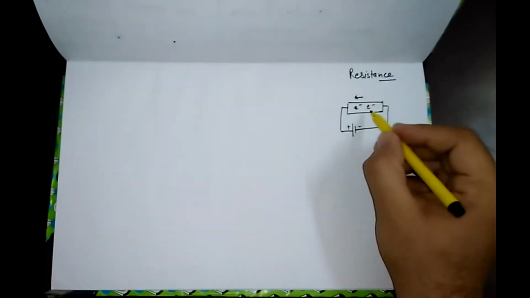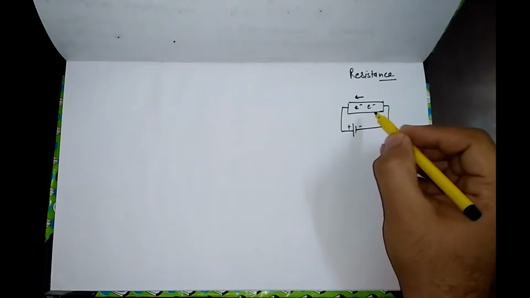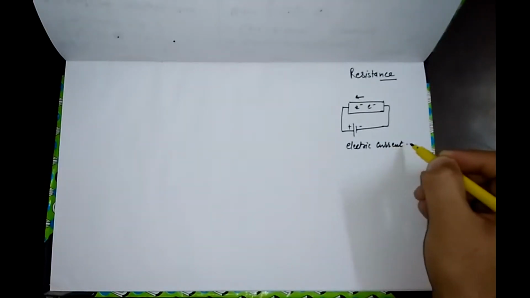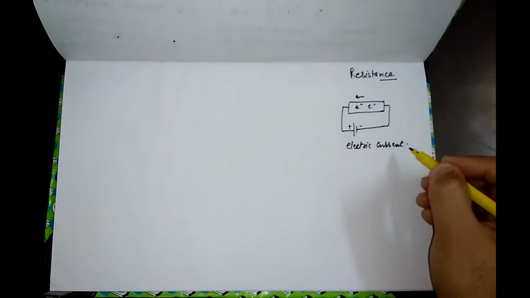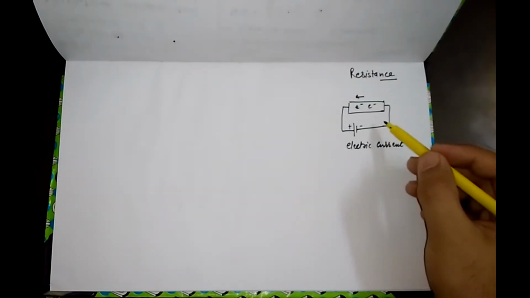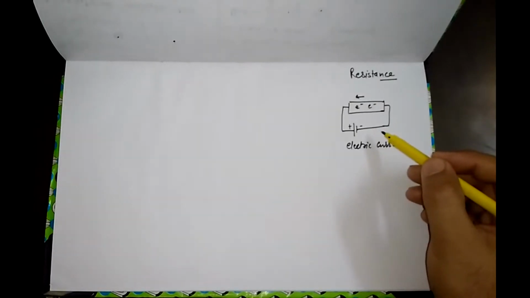This flow of electrons we call electric current. Whenever we say that the current is flowing through the wire, it simply means that free electrons are moving from one end to another end.